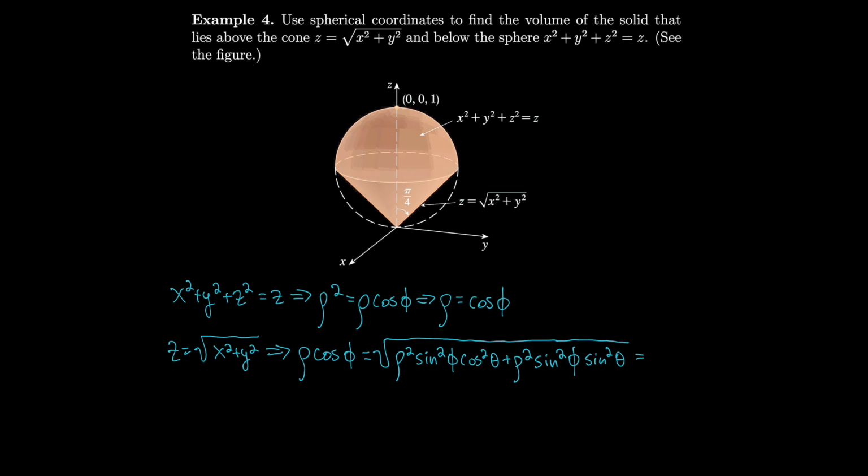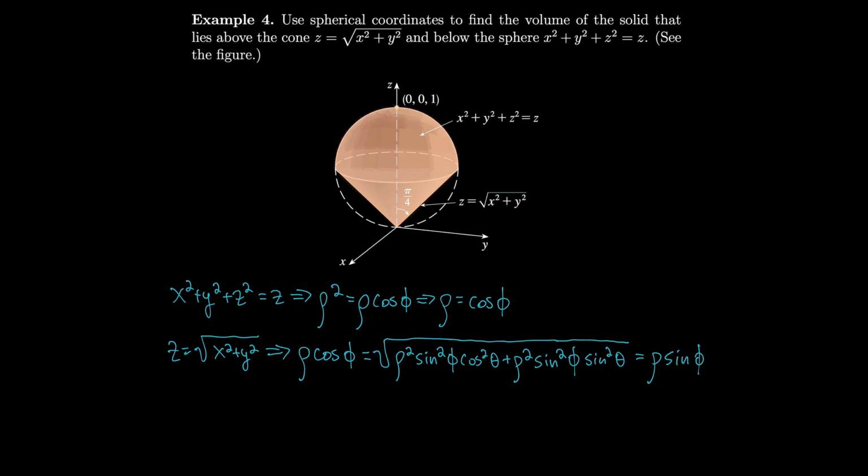And that's actually not too bad though, because notice I have rho squared sine squared phi in both, so I factor that out, and what's left is cosine squared plus sine squared, which is 1. So it's 1 times rho squared sine squared phi. Take the square root, that's just rho sine phi. So it actually wasn't too bad.